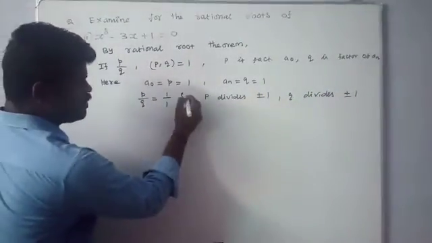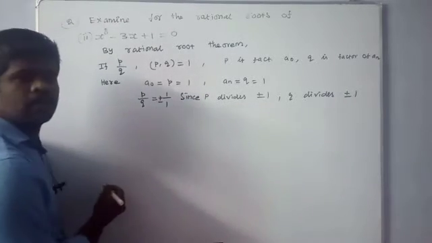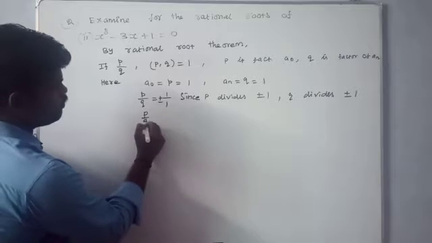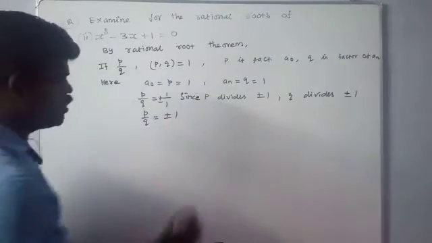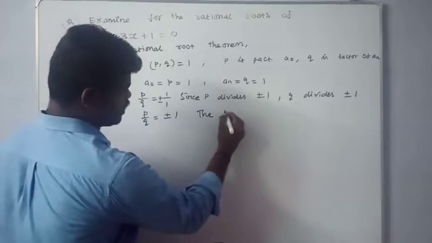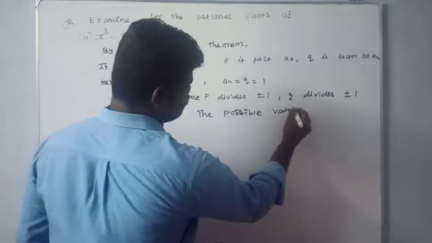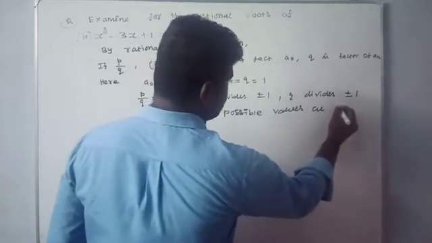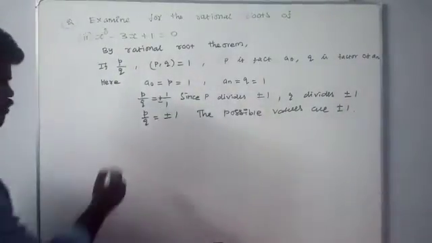So p by q form is plus or minus 1. So the possible values are plus or minus 1.